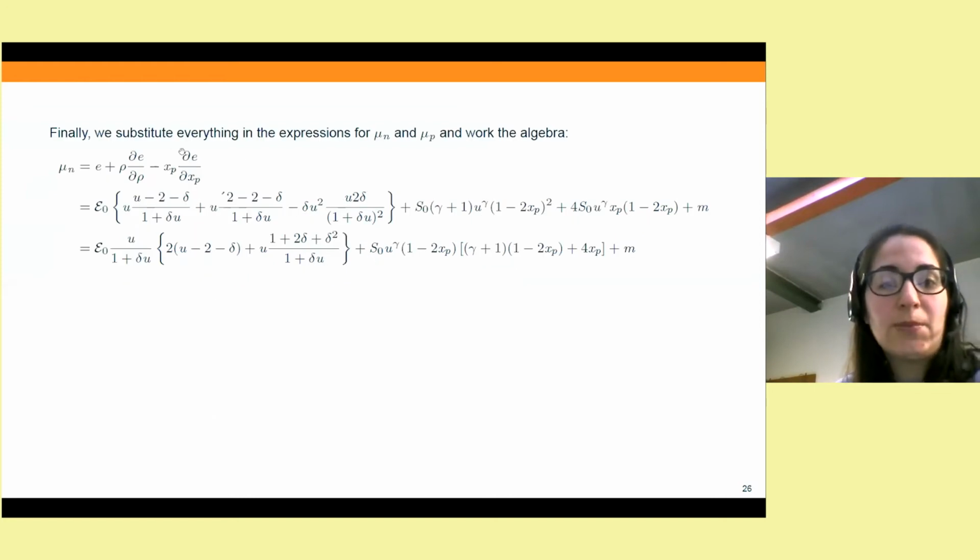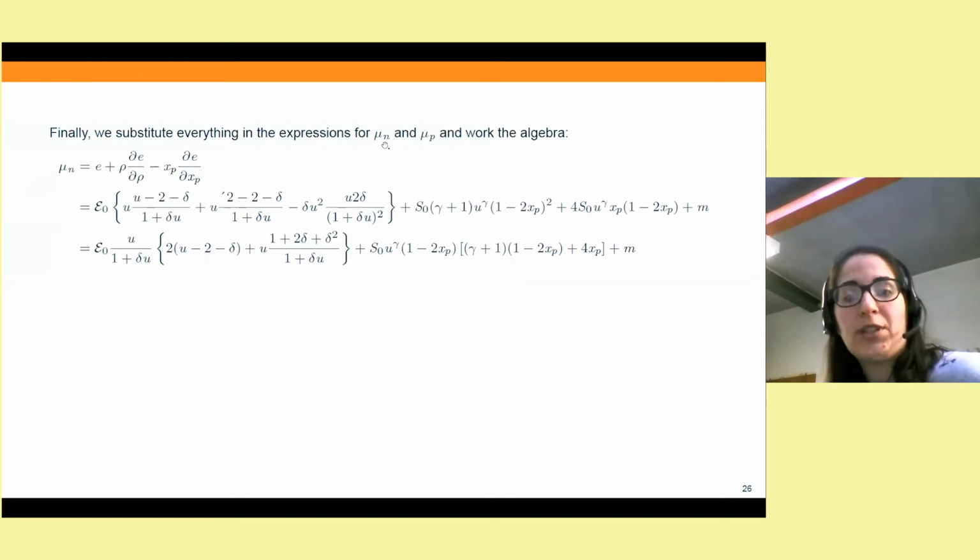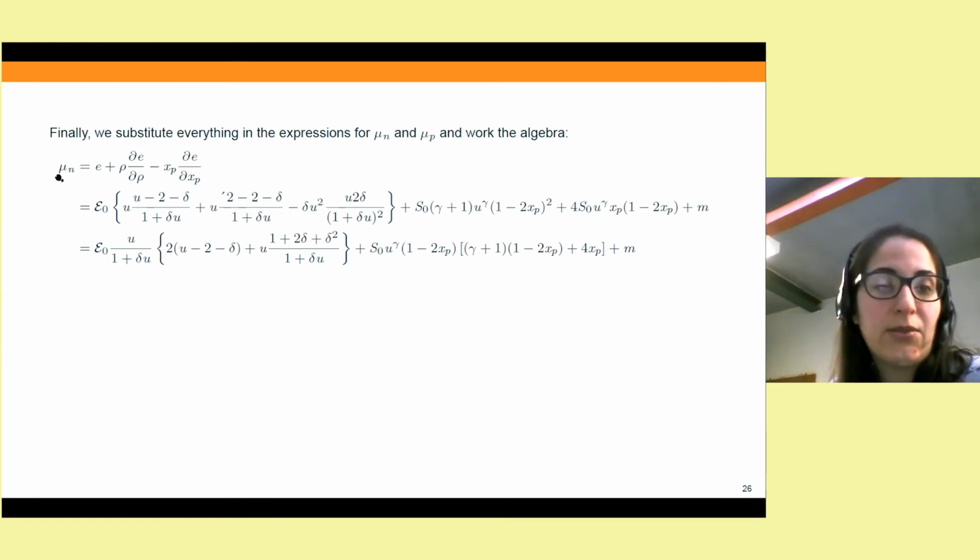So finally, we substitute everything in the expressions for the chemical potentials that we obtained a couple of slides ago, and we work out the algebra. For the neutron chemical potential, we have the energy per particle plus the density times the derivative of the energy per particle with respect to the density, minus the proton fraction times the derivative of the energy per particle with respect to the proton fraction.